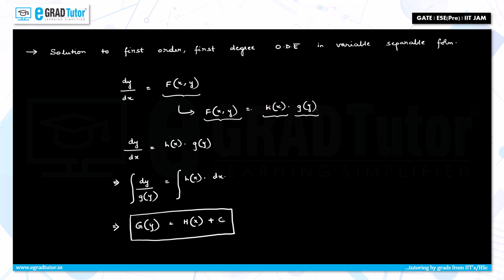These two functions are separated by the respective variables. H is explicitly a function in terms of x, g is explicitly a function in terms of y. So if this function can be written as a product of these two functions, you can separate the functions via the variables, integrate and get the answer.